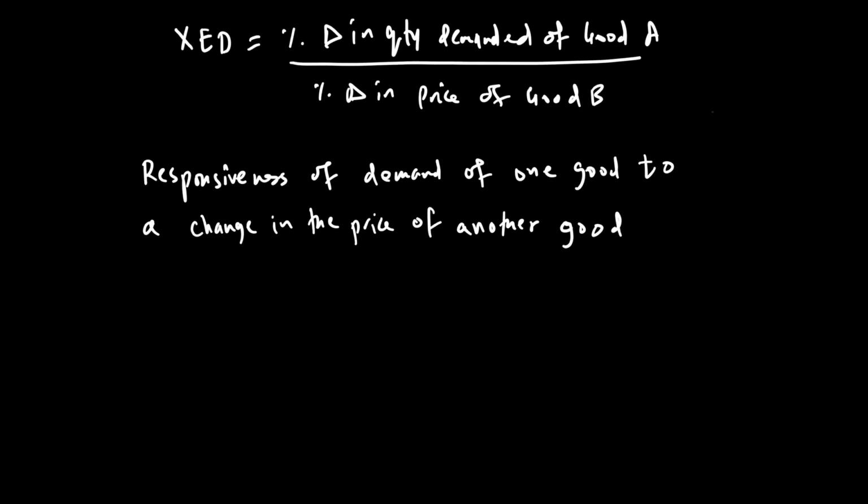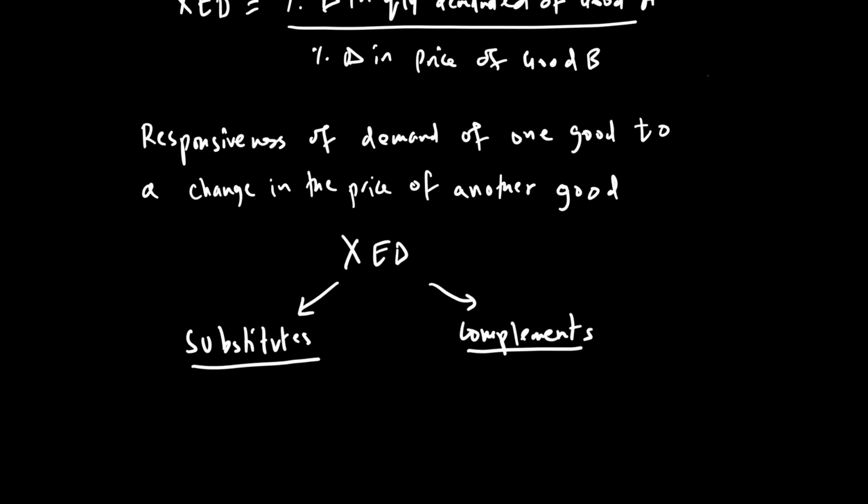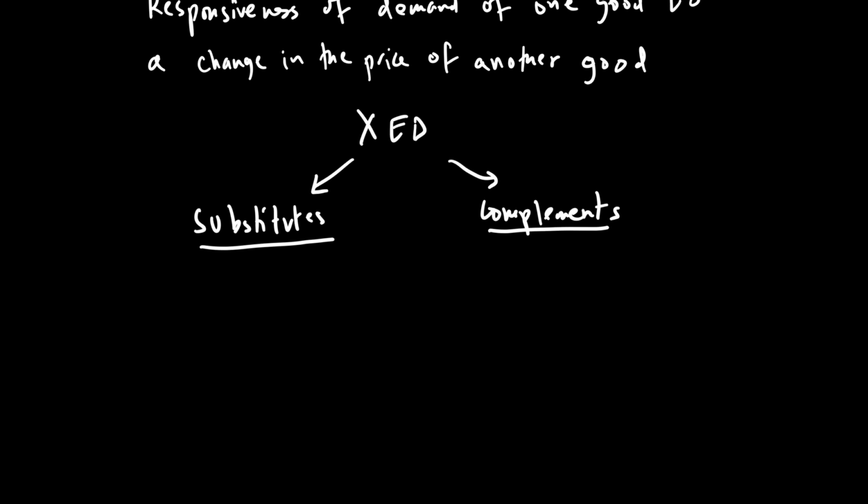And that's why XED is very useful for looking at whether the goods are substitutes or complements. In the case of substitutes, our XED will be positive, while in the case of complements, our XED will be negative.